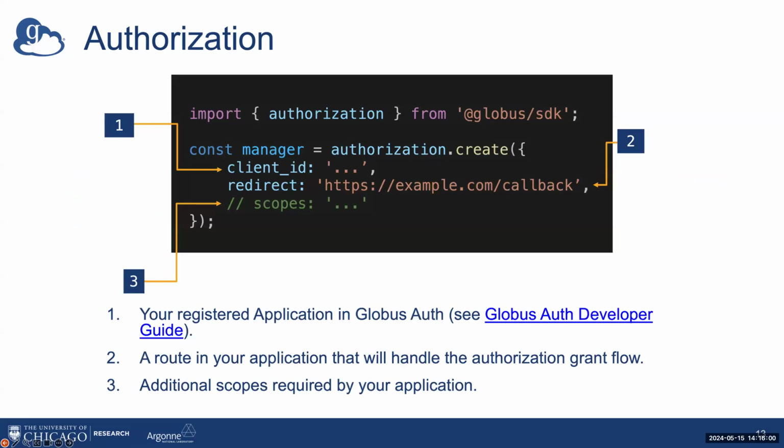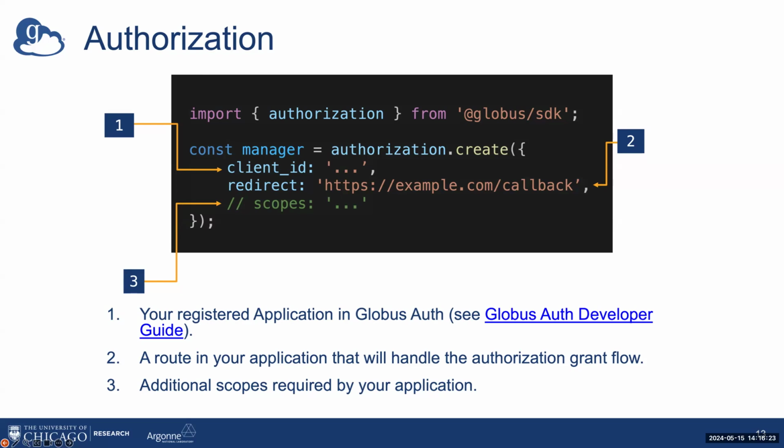Diving into the authorization manager, this is how you create an authorization manager and what you need to create one. The authorization utility is exposed through the SDK main export. It's one of the few things outside of services that we deem a core piece of the SDK that we export.